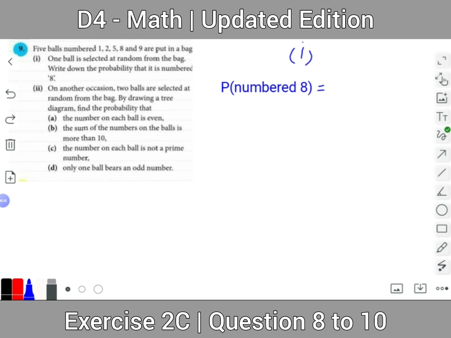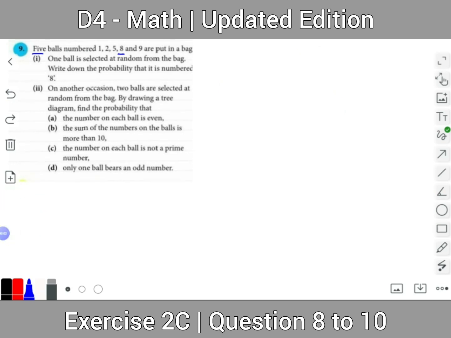Since we have 5 balls, the total number of outcomes in this case is 5, and 8 comes only once, so the number of favorable outcomes is 1 over 5. So the probability that the ball is numbered 8 is equal to 1 over 5.